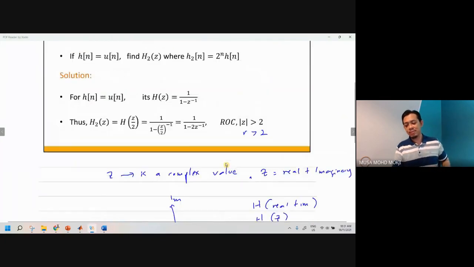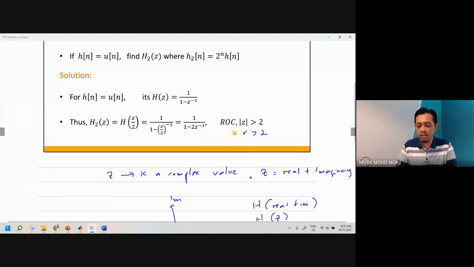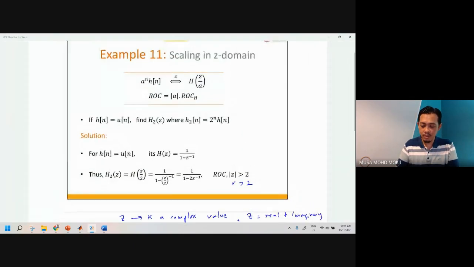All right, so hopefully that's clear. This is quite important in understanding the concept of this Z plane, the complex plane, because we always put it as a Z, but when you have absolute value, you are actually referring to radius. Okay, so hopefully you see that it is very clear.